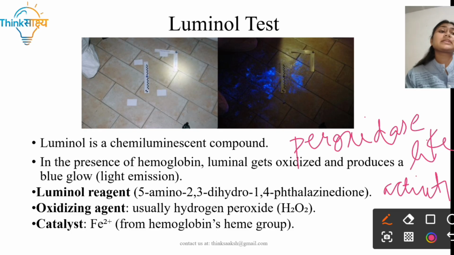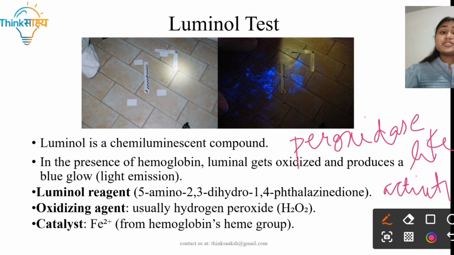So what is peroxidase-like activity? It is the activity of hemoglobin, as it contains iron. Iron in heme catalyzes the breakdown of hydrogen peroxide, which is added in this test. Hydrogen peroxide is catalyzed by the iron which is present in hemoglobin, heme.